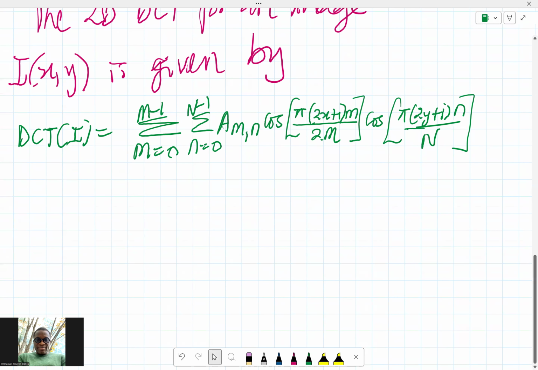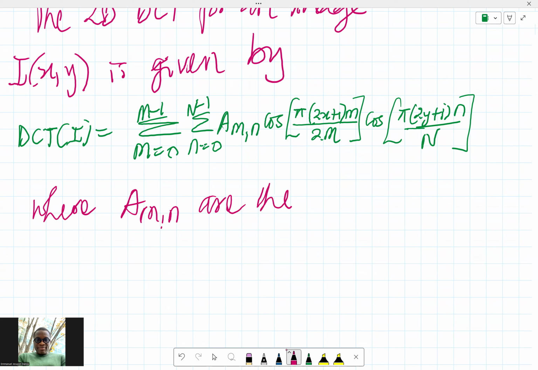Where a m comma n are the DCT coefficients. The whole Fourier thing is all about computing the coefficients to know the weight, the contribution of each wave in the whole process.